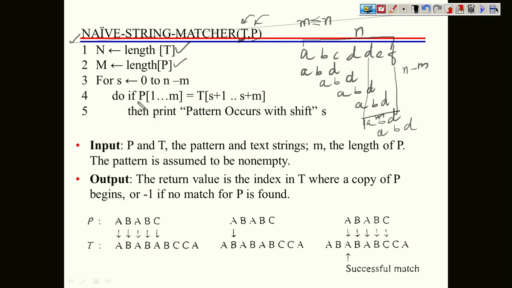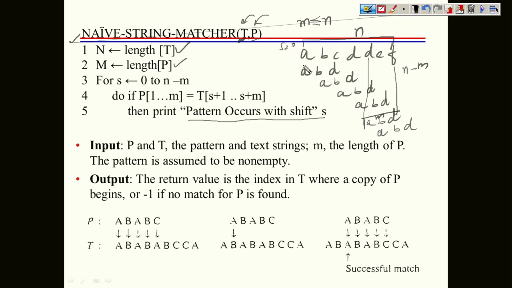So if p 1 to m equals t s plus 1 to s plus m, that means we have to match every character of the pattern with every character of the text. If it is matching, then only we will say that the pattern occurred with shift s. So you can see here, this is the pattern, and s is initially 0.